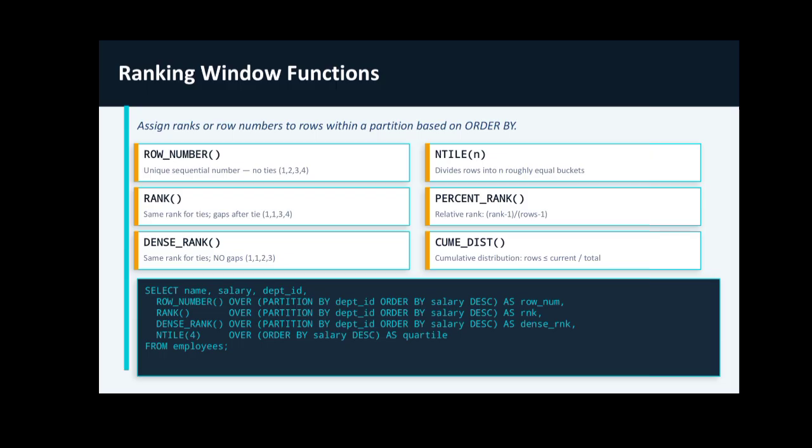So after 2 rows ranked 1, the next rank is 2. NTILE distributes rows into n equal buckets, useful for percentile analysis. PERCENT_RANK and CUME_DIST provide relative position as a decimal fraction. The query here demonstrates all 4 ranking functions side by side, making the differences immediately visible.